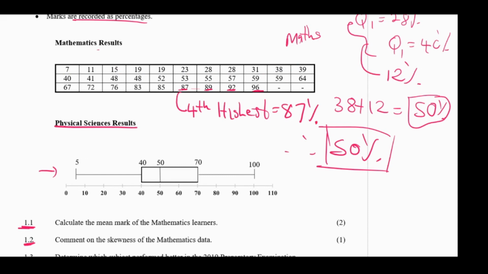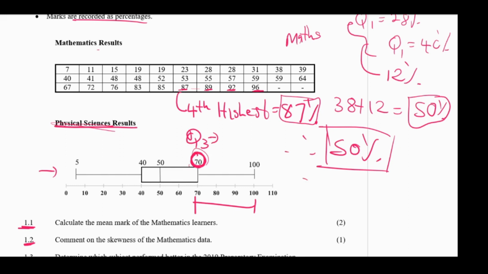Remember that we have 85% for maths. We want to know the 4th highest in physics. We can assume that the highest is either here at Q3 and above, so it's between 100 and Q3, which is between 70 and 100. So I'm just going to take this 100.